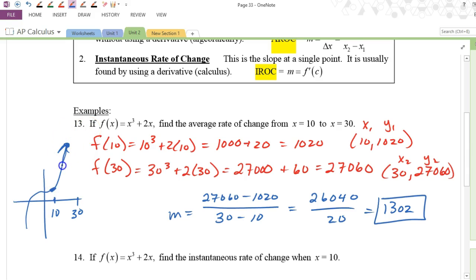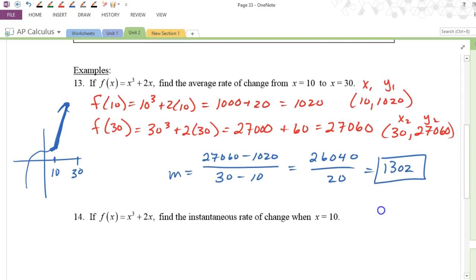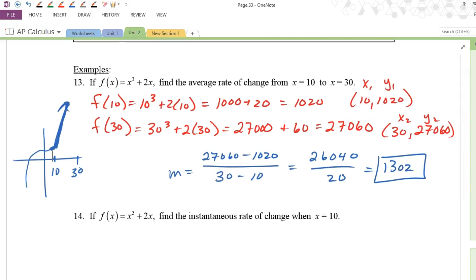The slope is the average rate. If you draw a straight line, what's the average slope between those two points? For every 1,302 up, 1 over. It's going up a lot more than over. That's kind of a silly thing to find, because it's just finding an average.